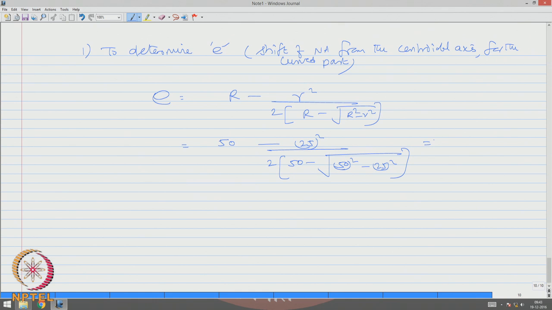I will get this value as 3.349 millimeter. Positive indicates that neutral axis shifts towards the center of curvature.